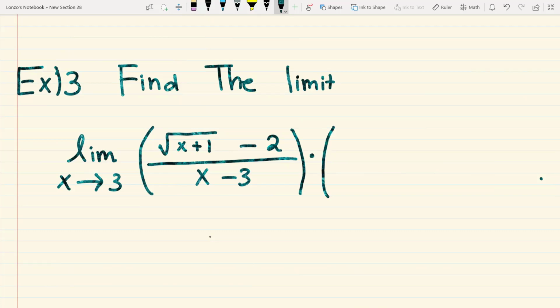But as you do more limit problems, you'll see that you would have to multiply top and bottom by the conjugate of the numerator. So what is the conjugate of the numerator? It's basically the same thing, just opposite sign. So it's going to be square root of x plus 1 plus 2, and do it top and bottom.